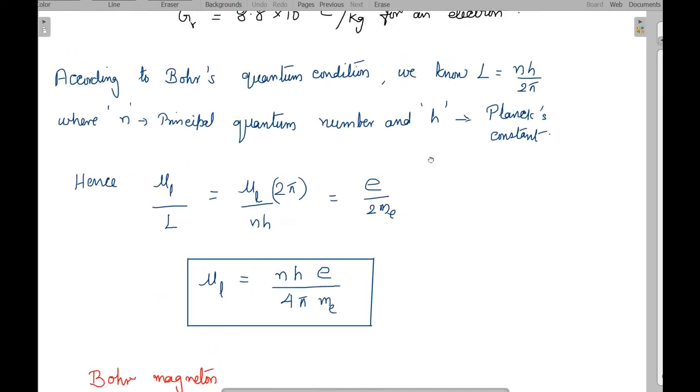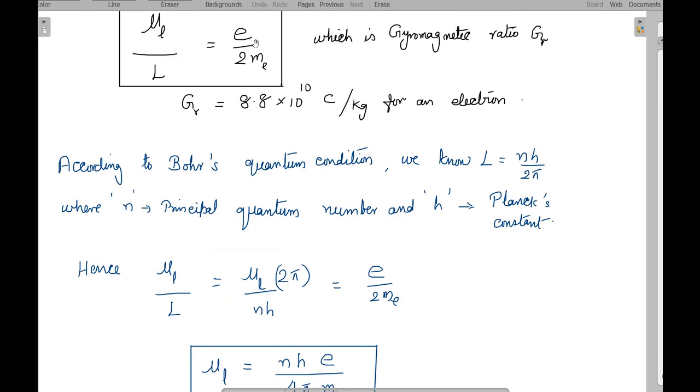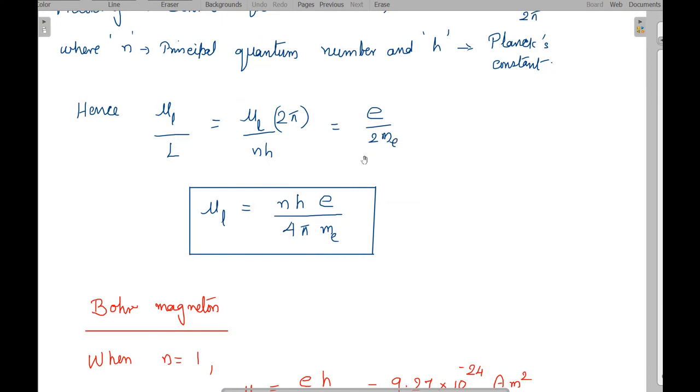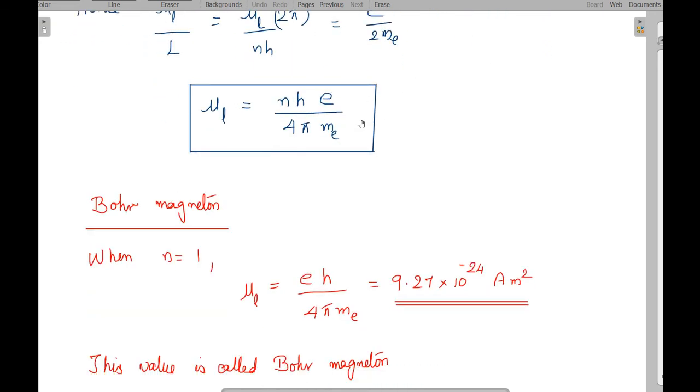So from this we can write mu L is equal to nh into e divided by 4 pi me. So we got another expression for orbital moment in terms of principal quantum number n, that is mu L equals nh times e divided by 4 pi me.